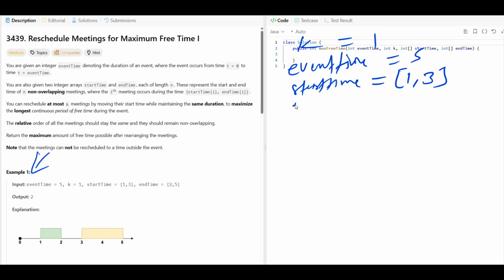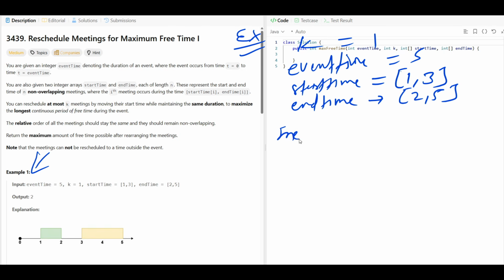Similarly the end time is 2 and 5. If we consider this example, where k is 1, the day goes from 0 to 5, and there are two meetings.